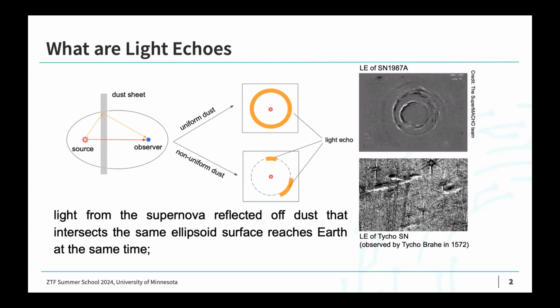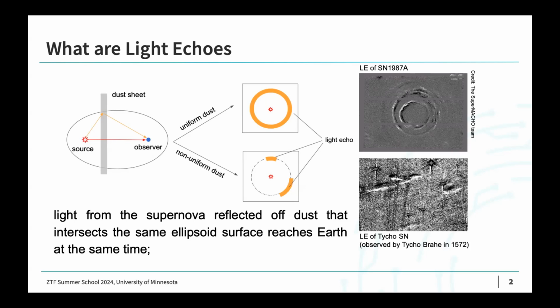So a little bit about the science background of light echoes. Imagine a transient like a supernova, and the Earth, on a three-dimensional ellipsoid. The light from the supernova that is reflected by anything, such as interstellar dust, on the ellipsoid will arrive at the Earth at the same time.